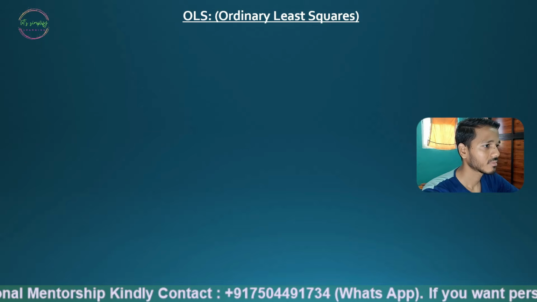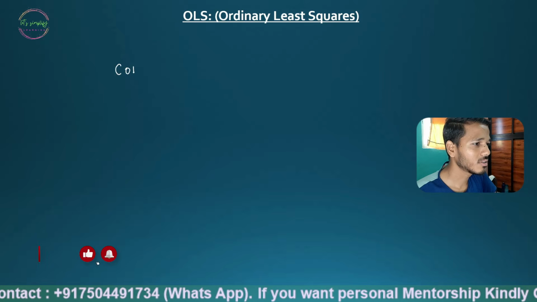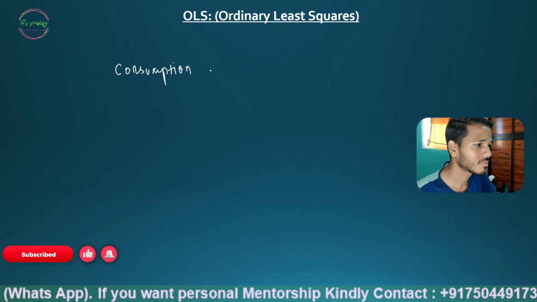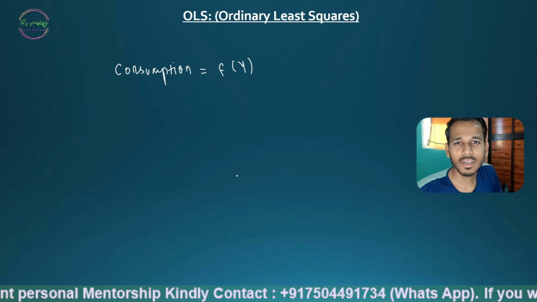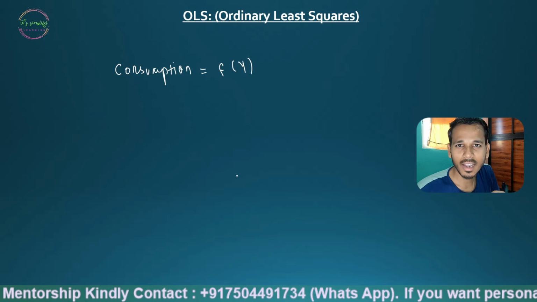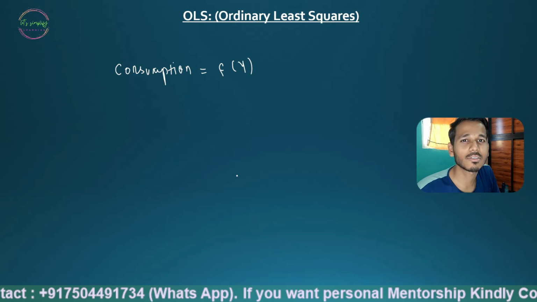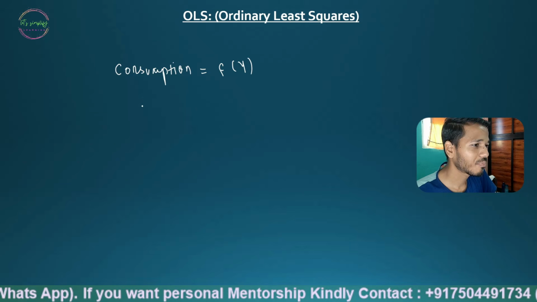We assume a model where consumption is a function of income. We want to understand this function, and it is the simplest example to understand ordinary least squares. And the model looks like this.